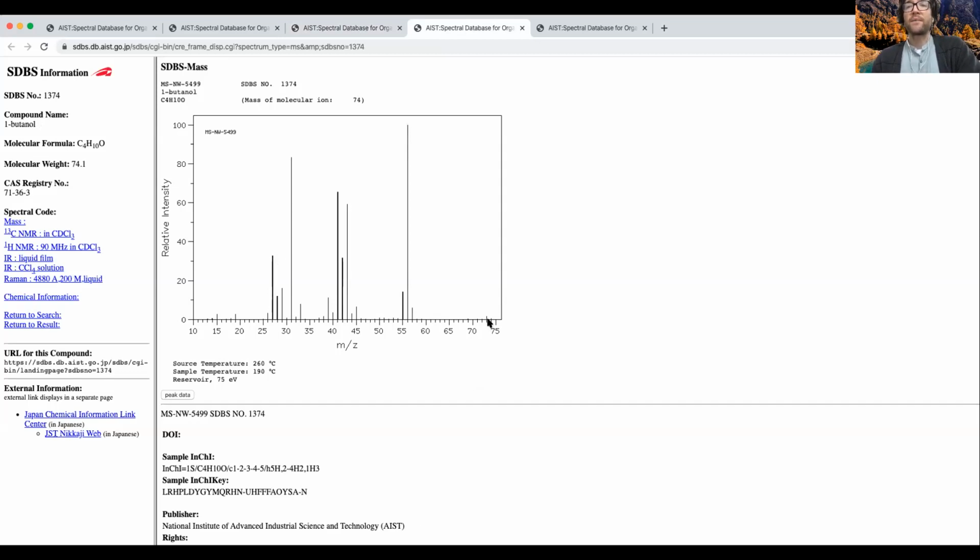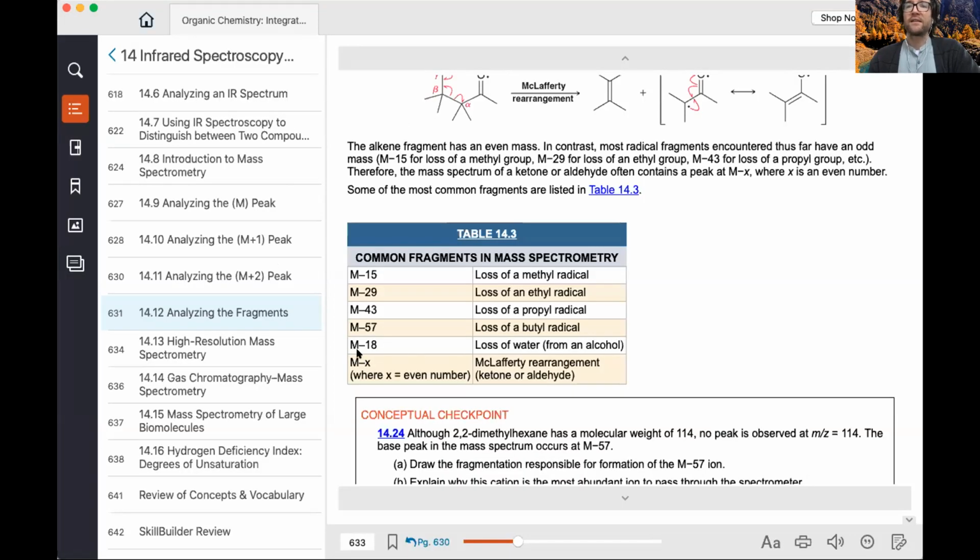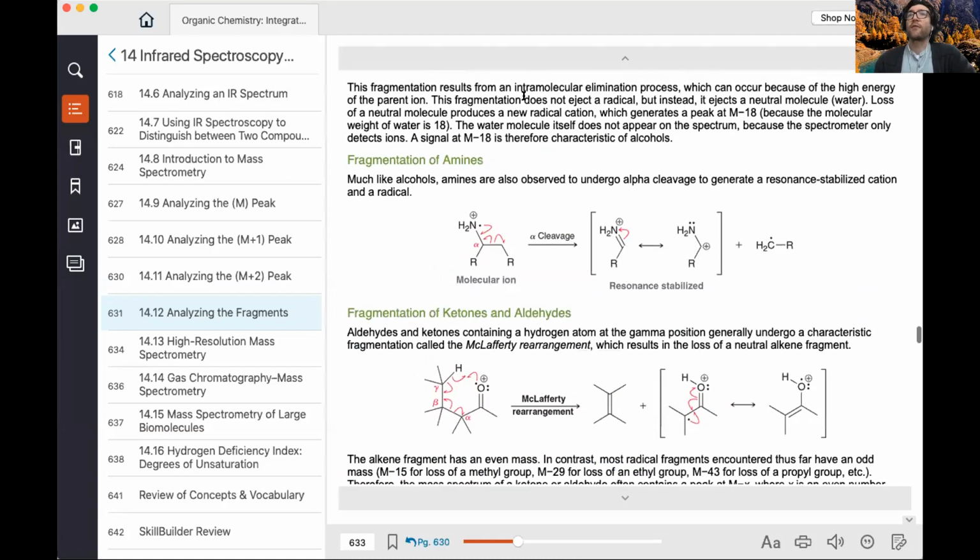The molecular ion peak is at 74, and then minus 18 for water is 56, and there's our base peak. So we see that, again, a loss of 18 is water, and our table tells us that 18 is loss of water from an alcohol. So please make sure you know the information in 14.3 and keep your mind open to lots of fragmentation possibilities. And this was section 14.12.